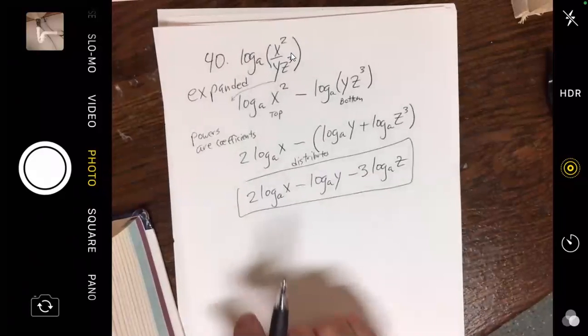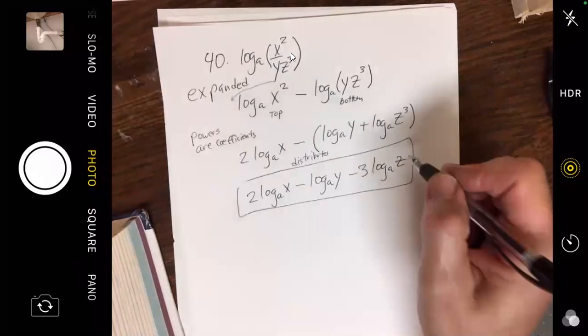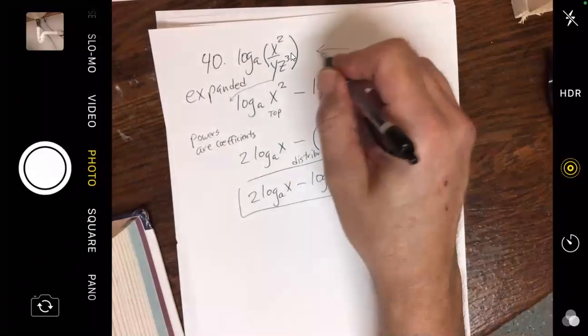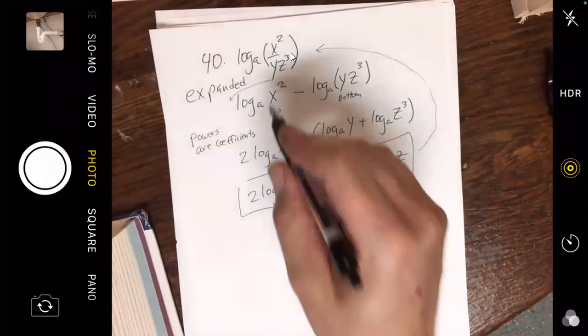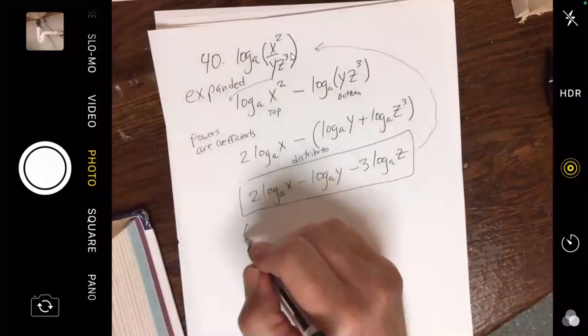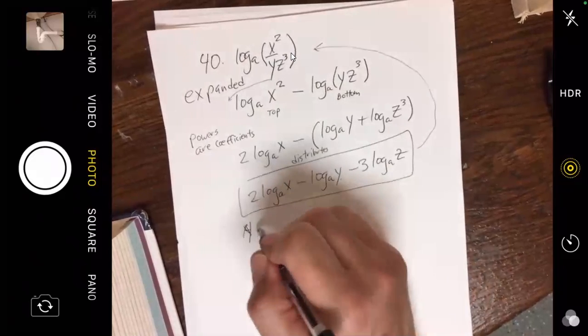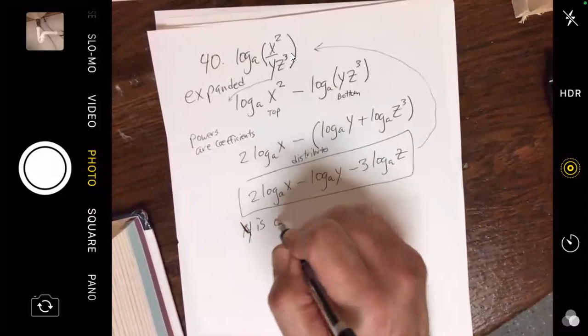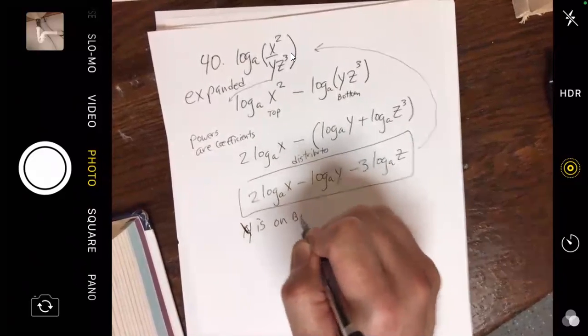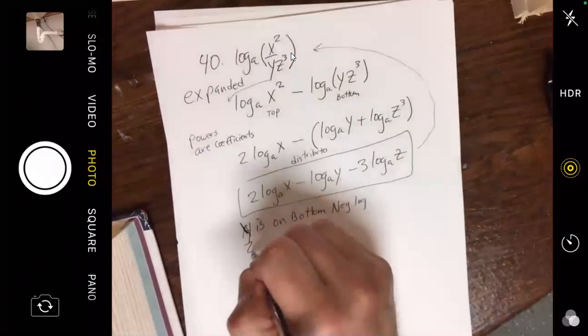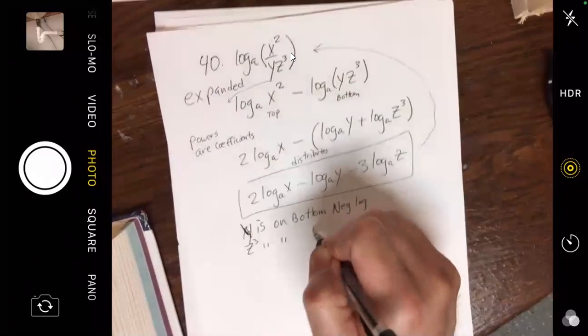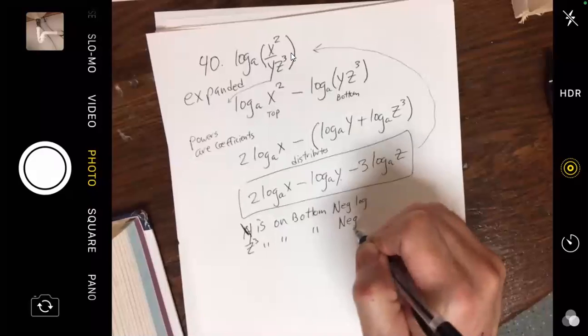Okay, in the next section, they want you to back it up and recover this. Here's the thing to notice. A piece on bottom has a negative log. The y is on bottom, negative log. The z cubed is on bottom, negative log.